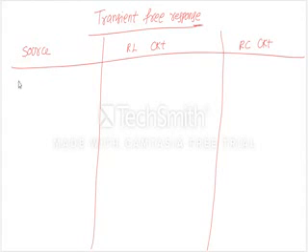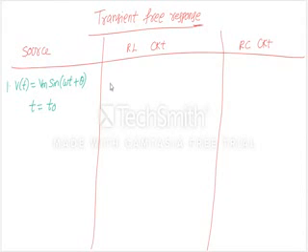Let us say the supply is in the form of V of t equal to Vm sine of omega t plus theta, and I assume that the switch is closed at t equal to t naught.